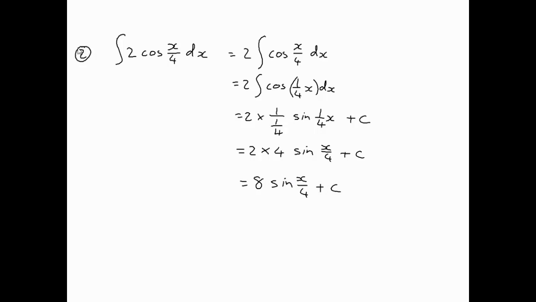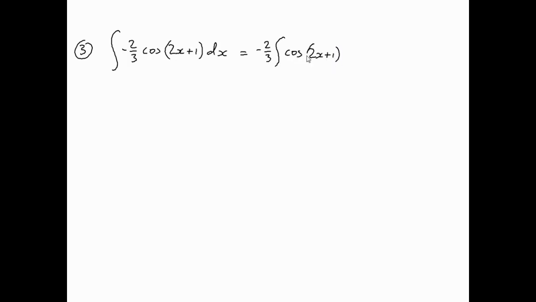That was number 2. Let's try another one. Let's do number 3 now. This time I've got the integral of minus 2/3 cos(2x + 1) with respect to x. What am I going to do here? Well, the minus 2/3 comes out the front.